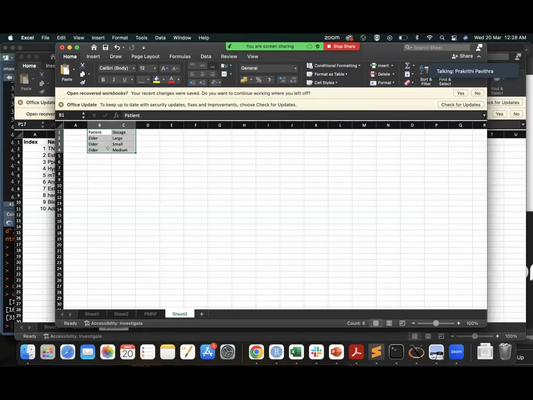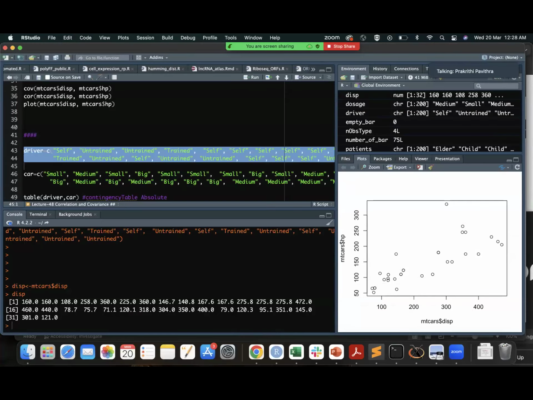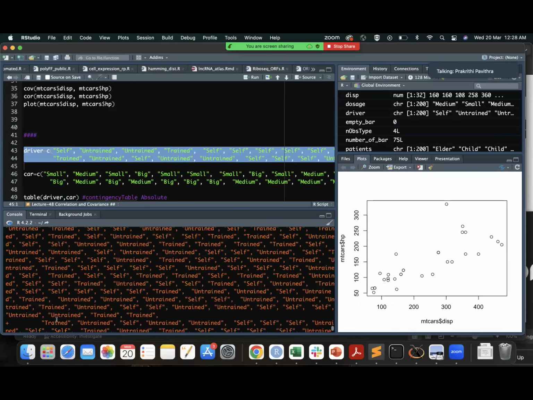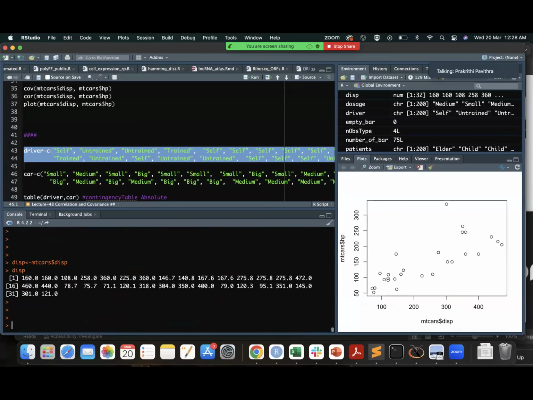If your data is given to you as a file and you read the file, it will be like this. In that case, you have to specify your data frame, like df, whatever you read it as, df dollar patient and df dollar dosage. It's just like you're telling R which values to take. That's what the dollar means. You're telling it to take this column from this data frame, so it's considering it as a vector.